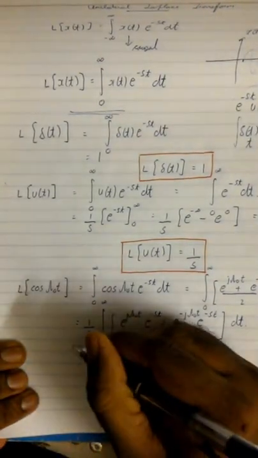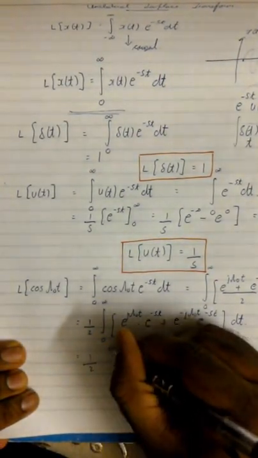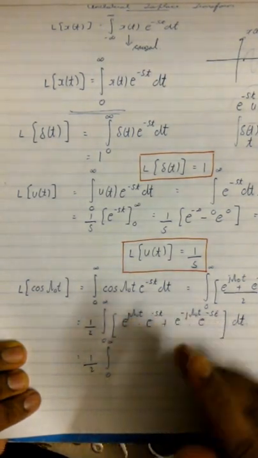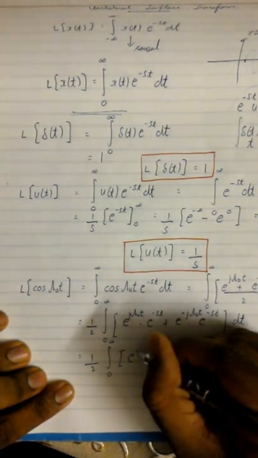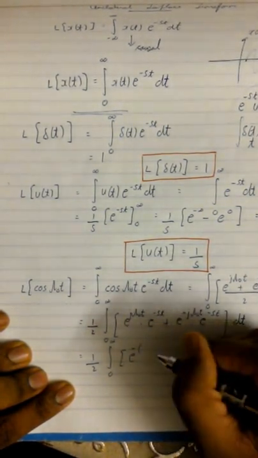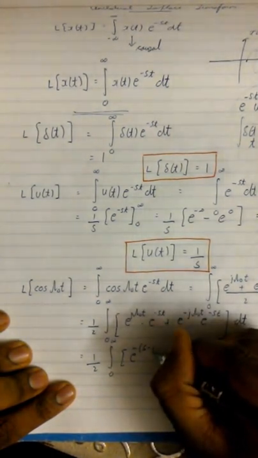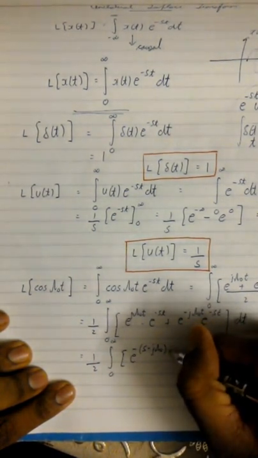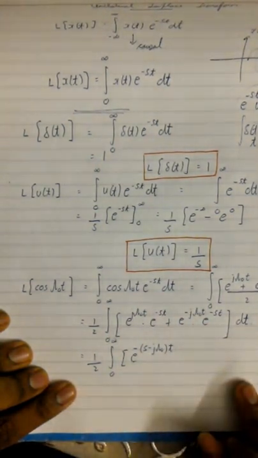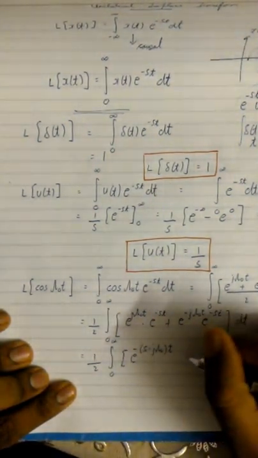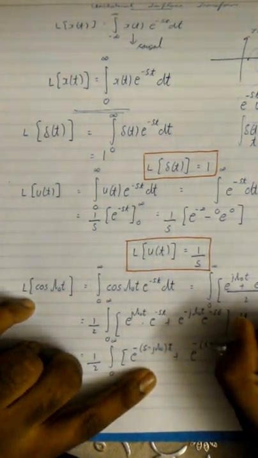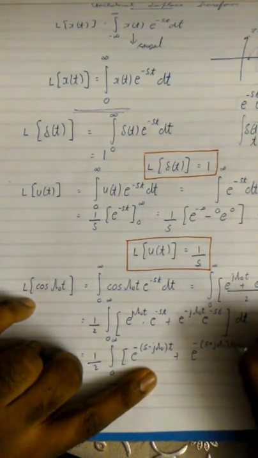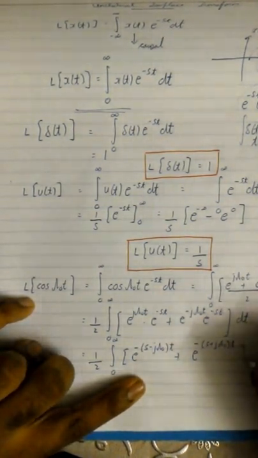Now I can combine these two exponential functions together. 1 by 2 integral 0 to infinity e raised to minus of s minus j ohm 0 t plus e raised to minus of s plus j ohm 0 t dt.